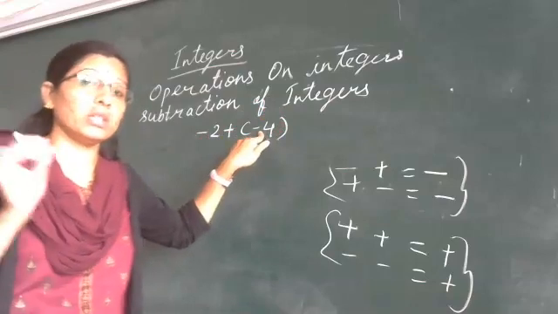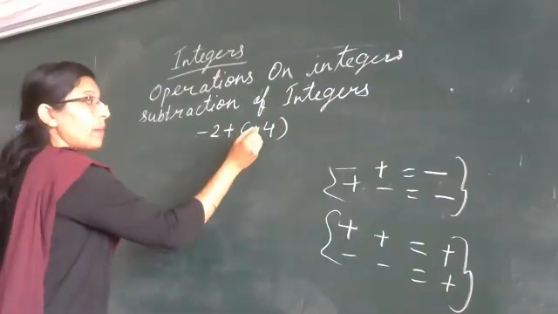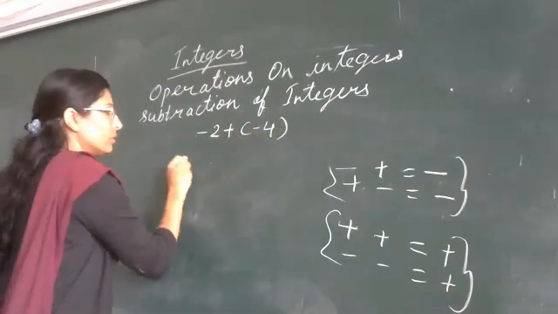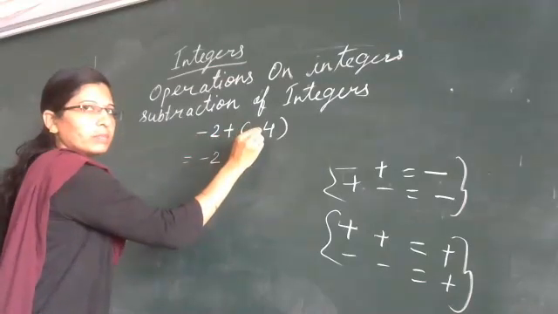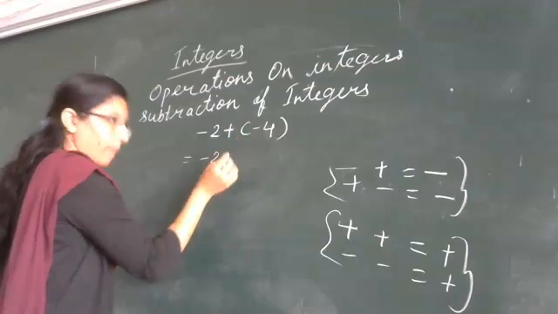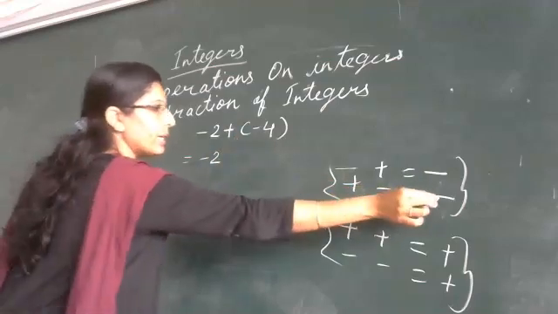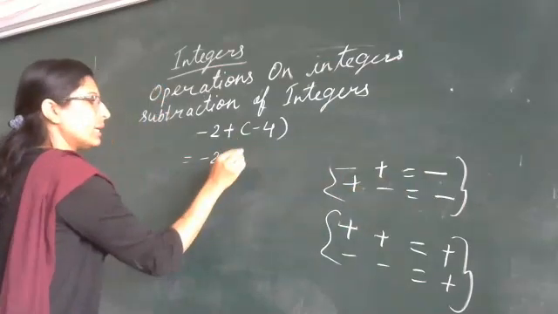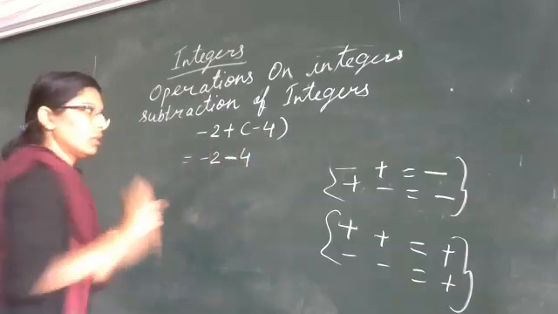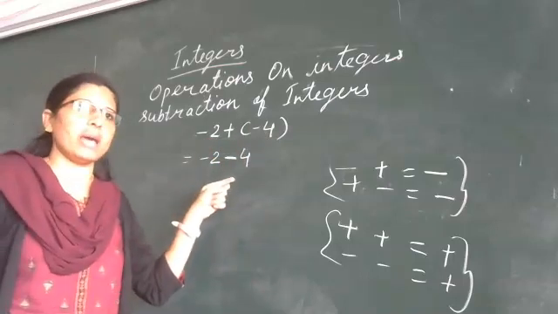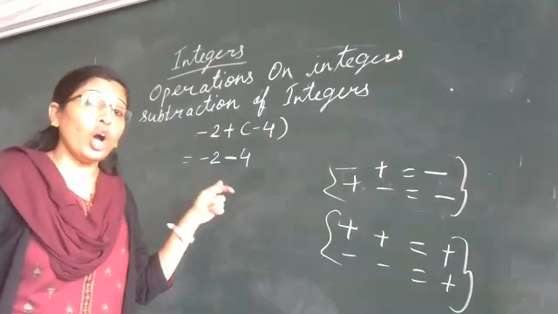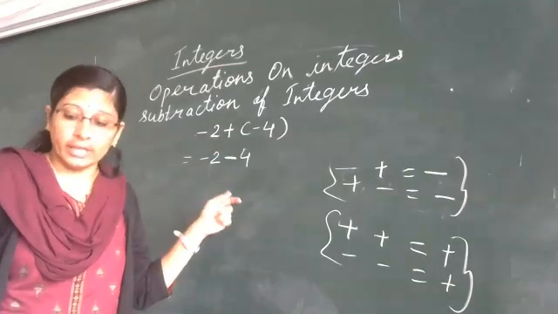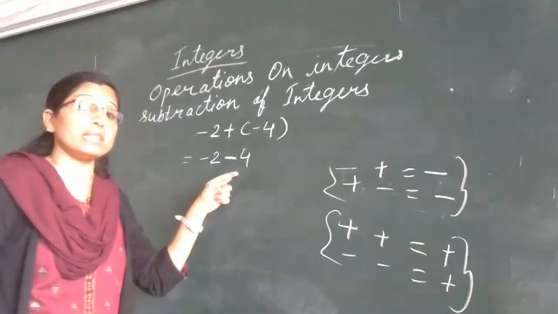Removing the bracket means plus minus, what plus minus? Minus. So here minus will come, and this 4. Now you understood the first step? Yes, ma'am. In subtraction of integers also you have to use the same method.